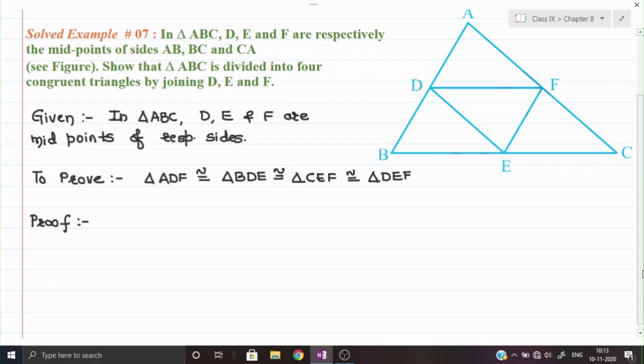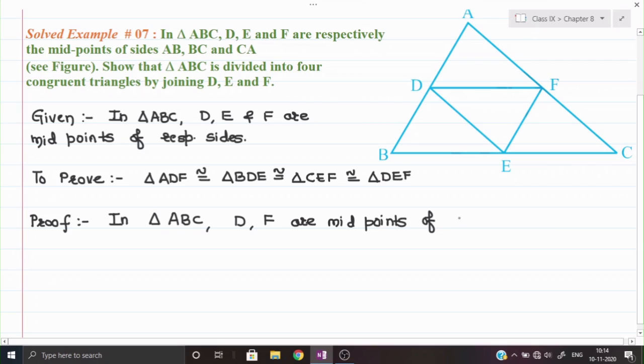See how we can use any one of these ways and prove that BDFE is a parallelogram. First of all, we shall write in the solution: in triangle ABC, we can say that D, F are midpoints of AB and AC. This is given in the question.